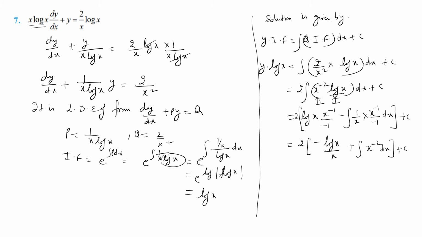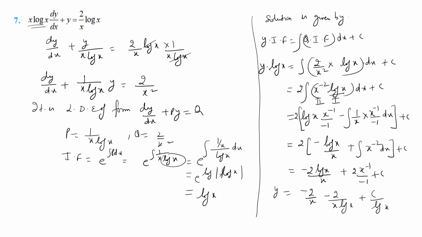So this is minus 2 log x upon x plus 2 x raised to power minus 1 upon minus 1 plus c. So bring this log x to the denominator, it becomes minus 2 upon x, as log x upon log x will get cancelled, minus 2 upon x, and we will get log x to the denominator, so it will become log x plus c upon log x.